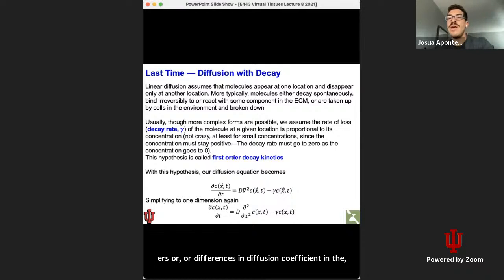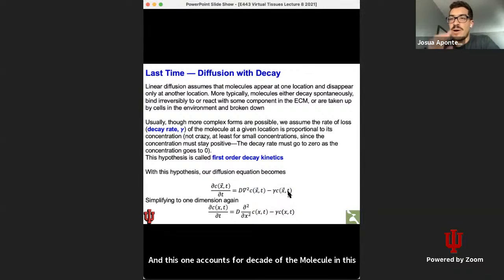or differences in diffusion coefficients in the simulation domain. But then we added an additional term to the diffusion equation, and this one accounts for decay of the molecule in the simulation domain.